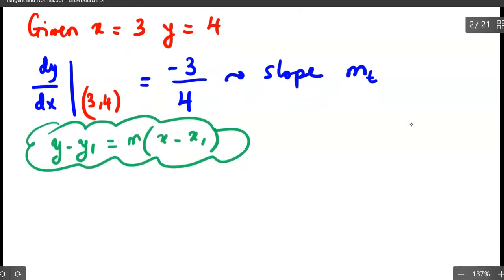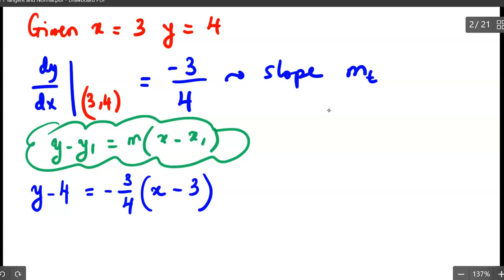It has the y, it has the x, and then the slope here is actually the slope that you just found after you differentiate and then substitute the values in, and x1, y1 are the values 3 and 4 that are given to you. So I will have y minus 4, because y1 is 4. Then the slope is negative 3 over 4, and then x subtract 3.